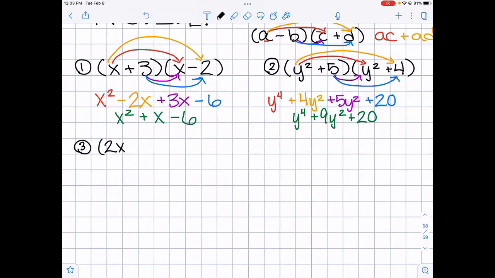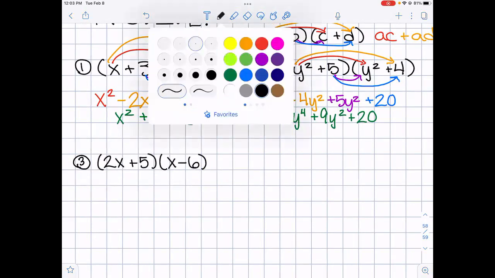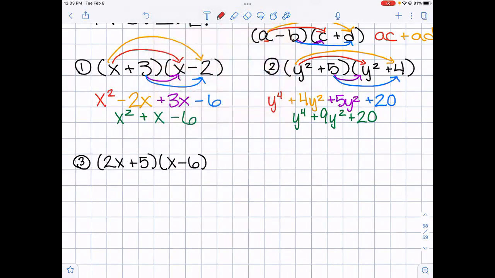Two x plus 5 times x minus 6. Okay. Isaac, do you know what you're gonna multiply first? Two x times x. And you got 2x squared.